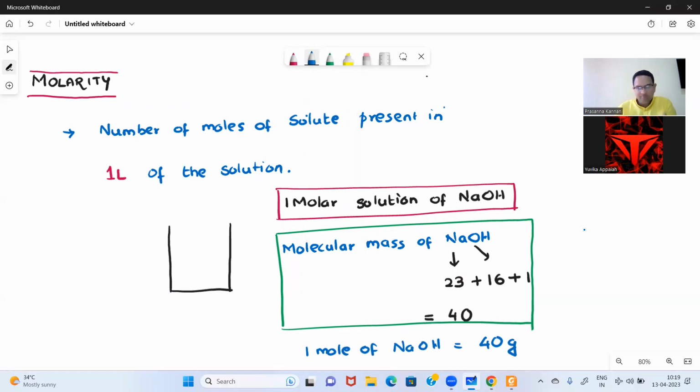So what would I do? I will measure 40 grams of sodium hydroxide and put it in the beaker. Clear, Yuvika? Then what will I do? I will start adding water until the total volume is what?